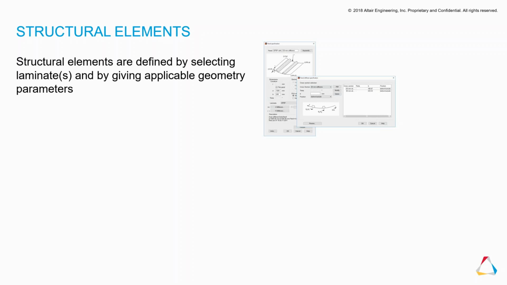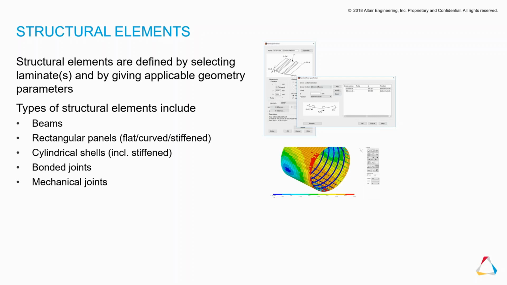If you want to do a curved panel, we also give the radius of curvature, and we can further define stiffeners in the panel in two directions, in the X and Y direction, and all these stiffeners can be freely spaced and given by their location. The stiffener cross section is defined first as a separate object, which is of course also built from a laminate layup, giving the dimensions of the cross section. The other types of structural elements covered in ESAComp are beams, cylindrical shells, and bonded and mechanical joints.